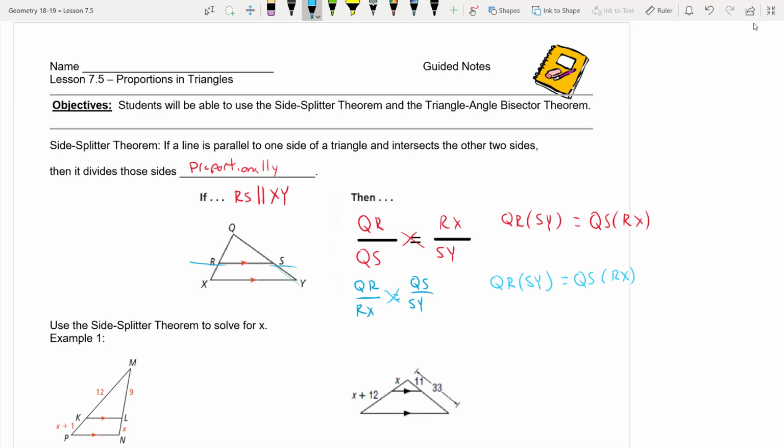So either way I set it up, I end up with the same equation, which is good. That means they're equivalent. So you can either compare the top left to the bottom left and the top right to the bottom right, like we did in blue, or compare the tops and then compare the bottoms, as long as you do the same side in both fractions, meaning you do all left or all right first.